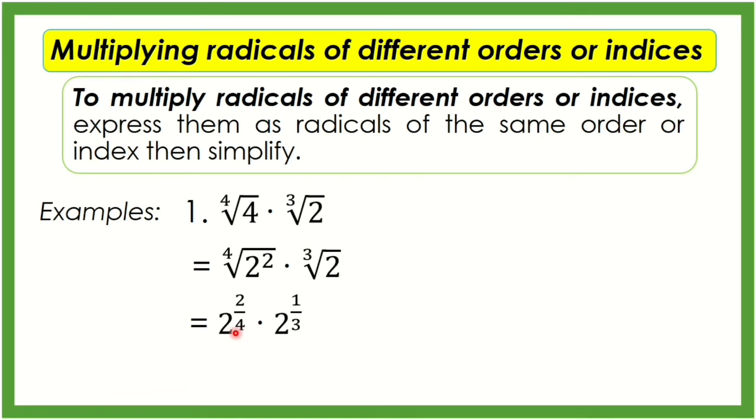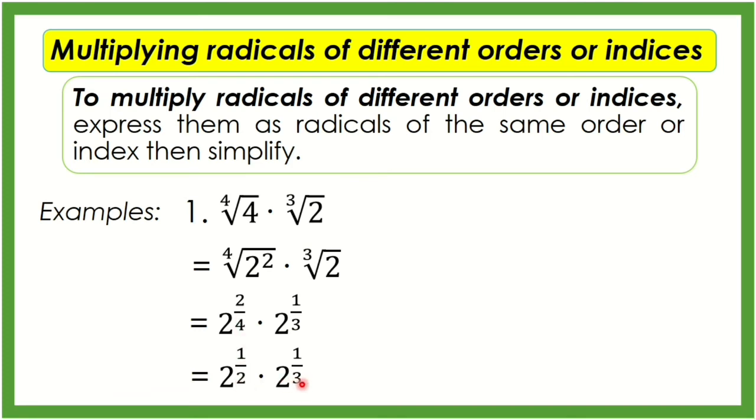Then, kung mapapansin natin, different ang kanilang denominator. So, dissimilar sila. Gagawin nating parehas yung kanyang denominator. Yung 2 over 4, pwede pa natin siyang isimplify. That is equal to 1/2.